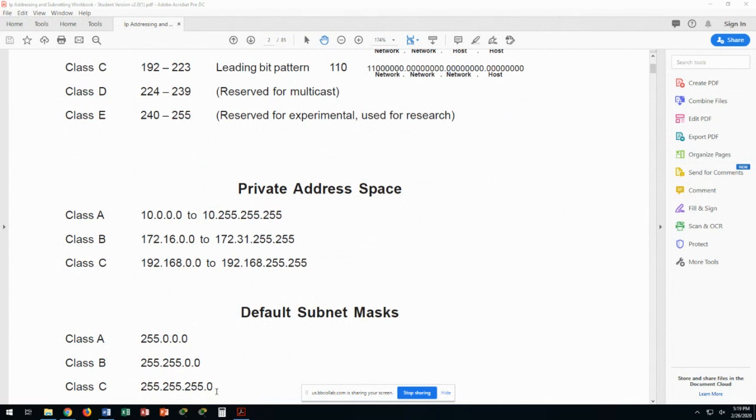So we borrow bits. If we borrow 1 bit, how many numbers can we represent with 1 bit? Well, what are the numbers for a bit? 0 and 1, so there's 2, right? So if we borrow 1 bit, we can represent 2 networks or 2 numbers.